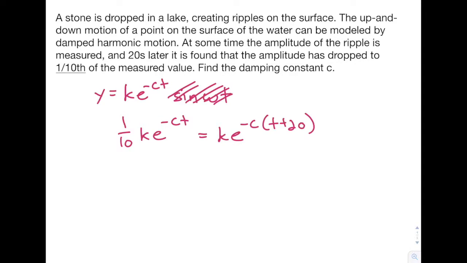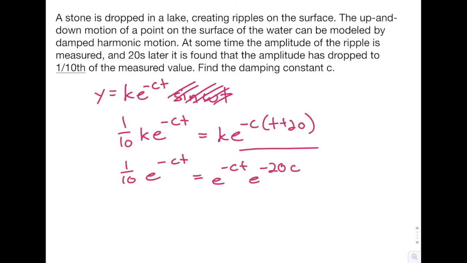Alright, so this is a good place to start. We can just cancel some stuff now. So the k's will go away, and then we can break up our e to the negative c times t plus 20. The k's cancel, so we have 1 over 10 e to the negative ct, and then I'm going to go ahead and break this up, so we have e to the negative ct and e to the negative 20c, because we have to distribute the negative c through.